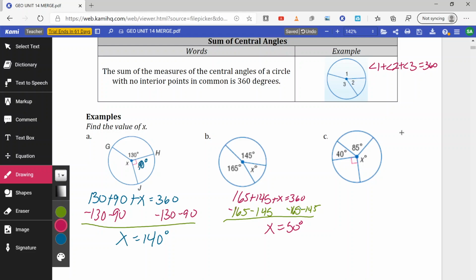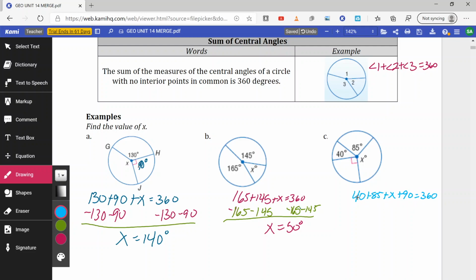And then letter C. This time we have four different angles. We have 40, 85, x, and the right angle. Right angle means 90 degrees. So for this one, we have 40 plus 85 plus x plus 90 gives me 360. On the last two problems, we subtracted everything, but we could also combine like terms.